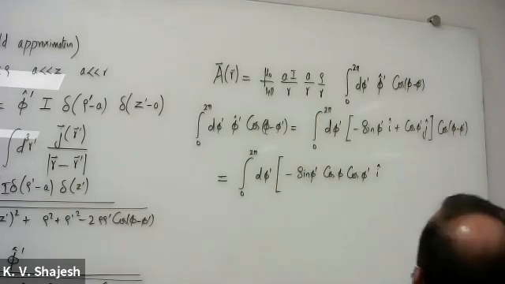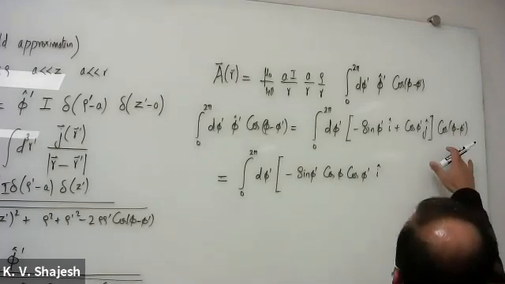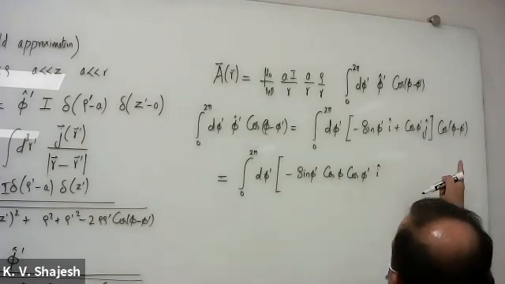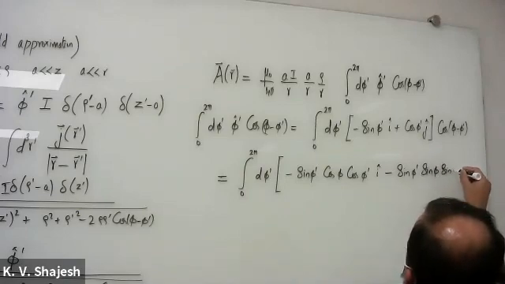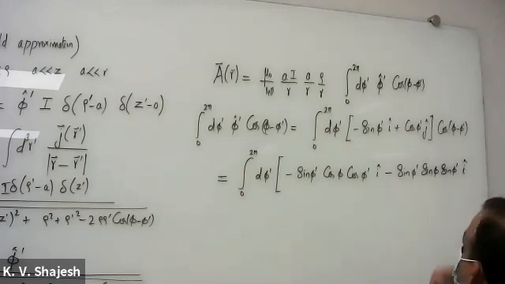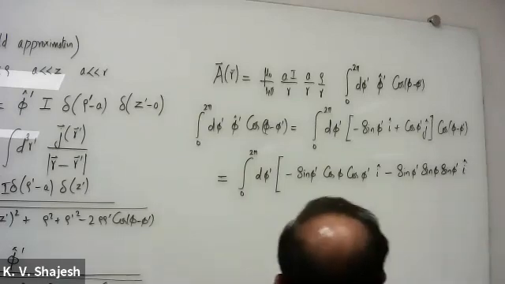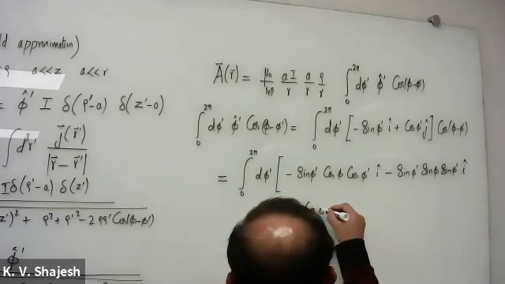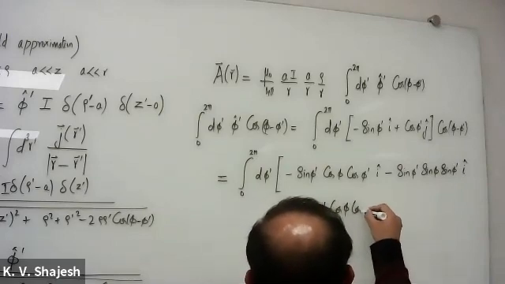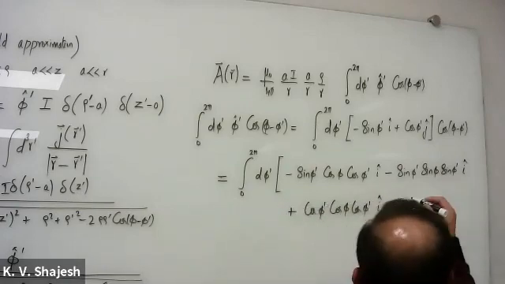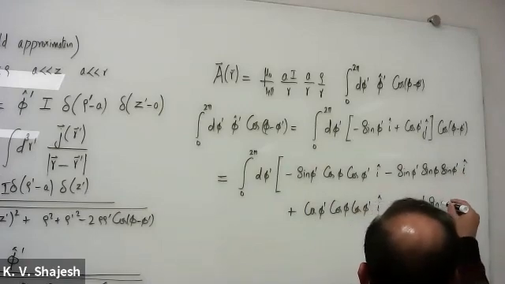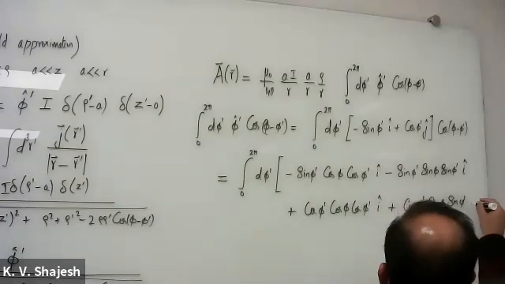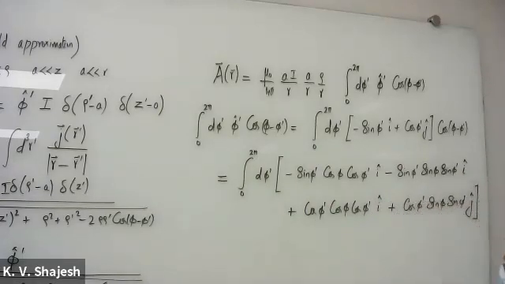And the next term is minus, so it's a minus becomes plus, and a minus again. So it's minus sine phi prime, sine phi prime. Right, that's I hat. That's the second term. I'm expanding the cosine, plus cosine phi prime, cosine phi prime, j hat direction plus sine phi.